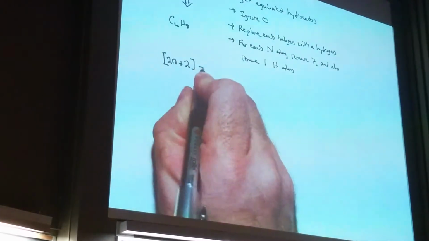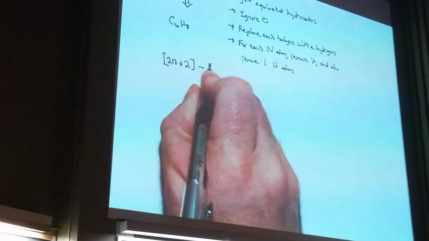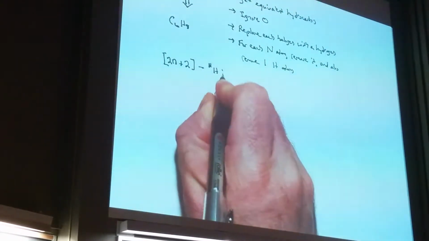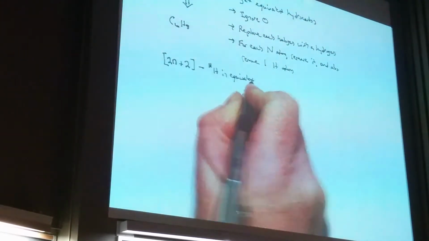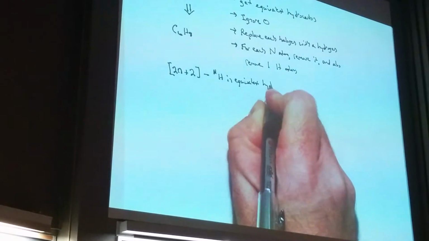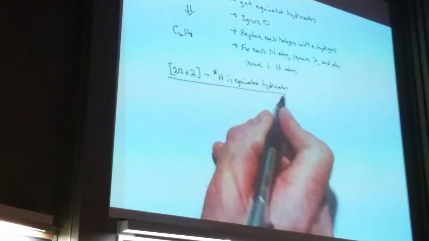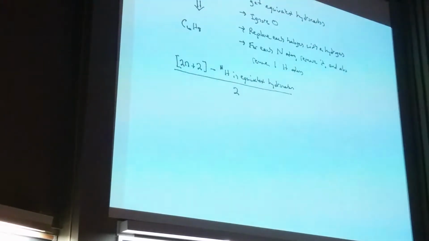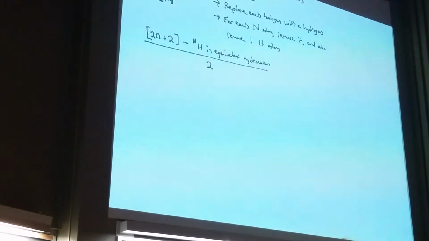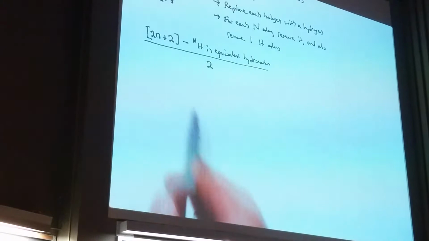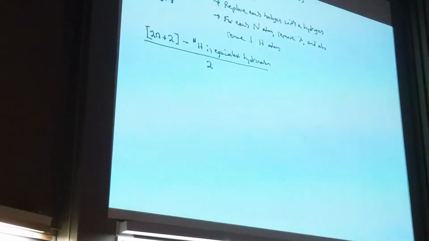We subtract the number of hydrogens in the equivalent hydrocarbon. And then that difference gets divided by 2. And that's the quick and dirty explanation of how you do unsaturation number, index of hydrogen deficiency, more elaborate discussion in that handout.